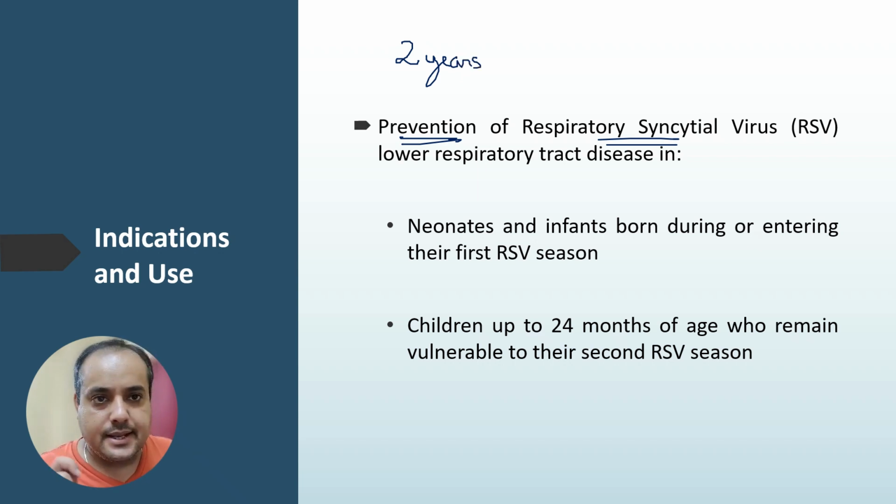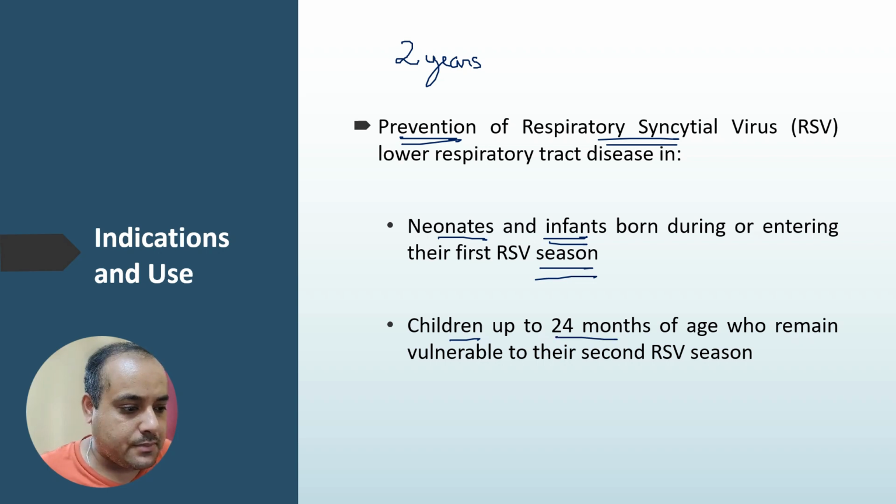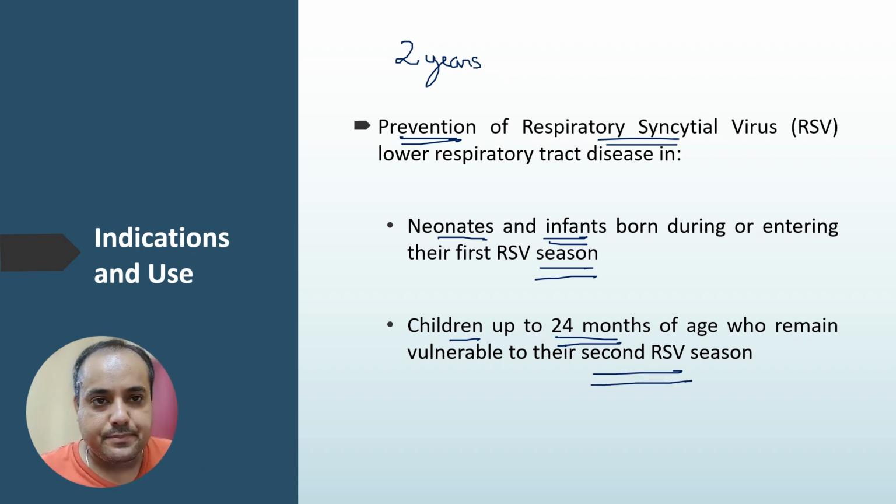Firstly, it is indicated for neonates and infants who are born during or entering their first respiratory syncytial virus season, and this season of RSV infection is mostly in the spring and autumn seasons. So for neonates entering their first season, or for children up to 24 months of age who remain vulnerable to their second respiratory syncytial virus season, for both of them this drug is indicated.